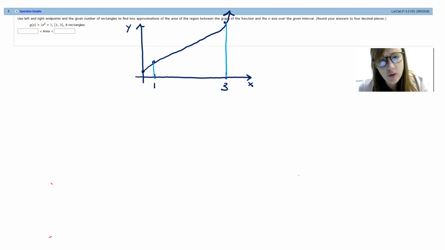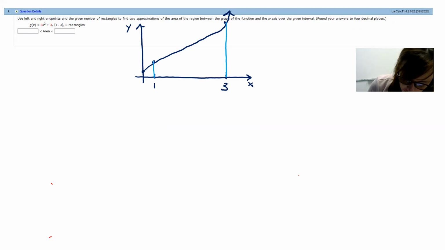So what we want to do is approximate the area under this y equals g of x function using 8 rectangles. So there's 2 ways that we do this. One of them is we can use the left endpoints. Actually, let's go ahead and break this up. This is 2.